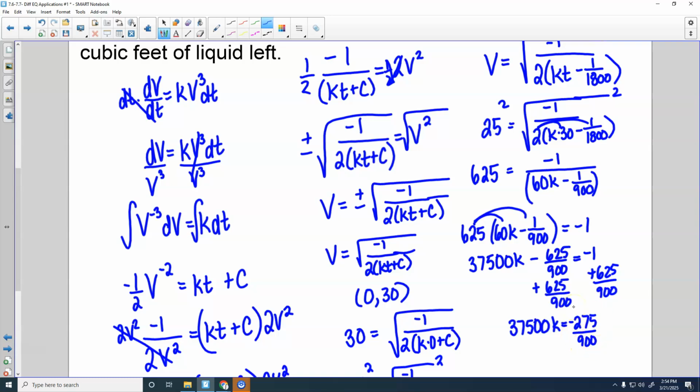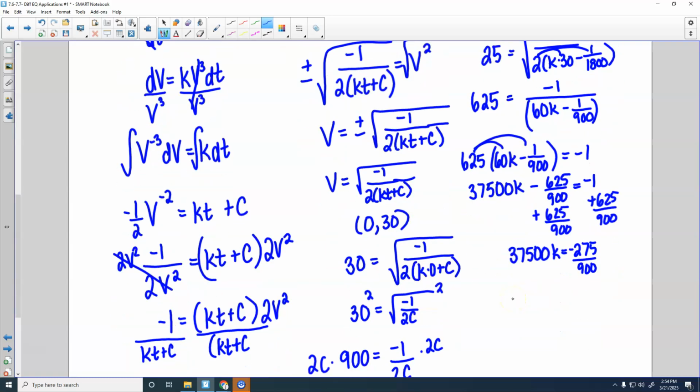You can go decimals here if you'd rather. Last step. Divide by 37,500. At this point, I'm definitely going to go ahead and just go decimals for this. So I've got negative 275 over 900 divided by 37,500.